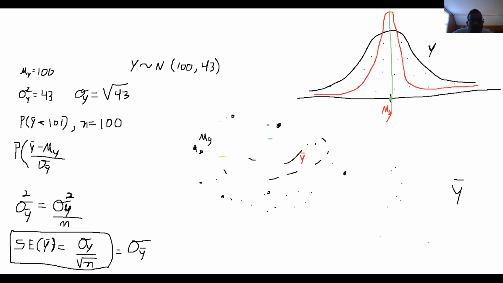So we say this being less than the value here, 101 minus the mean or the true value of y, divided by the standard deviation of y bar.